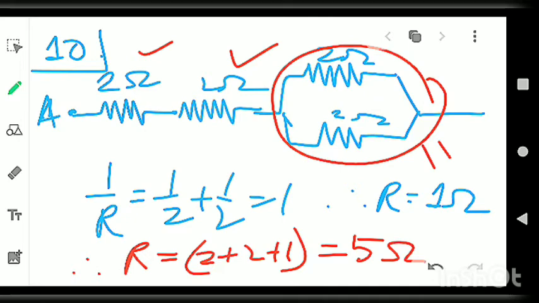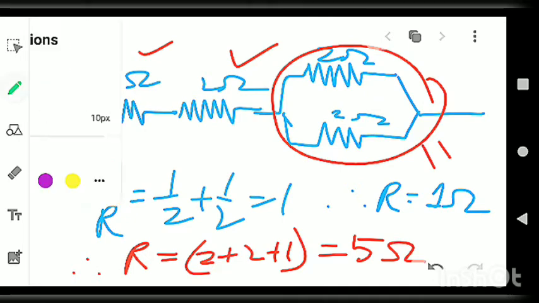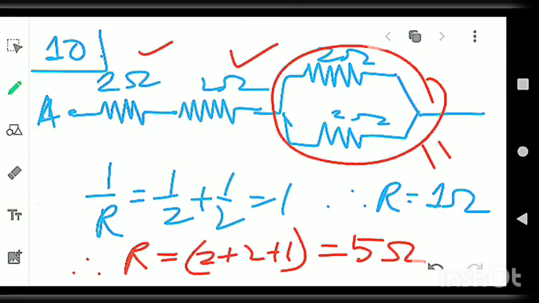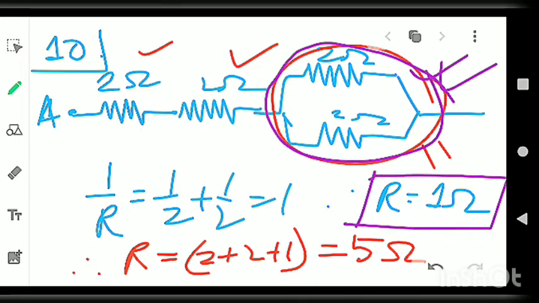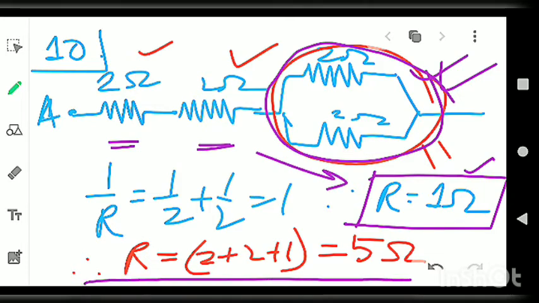Clear? So what did we do at first? We first solved the parallel portion, found the equivalent resistance of the parallel combination, which gave us 1 ohm. After that, I added this value to the two resistors given in series. So 2 plus 2 plus 1, and the net value was 5 ohms. Clear?